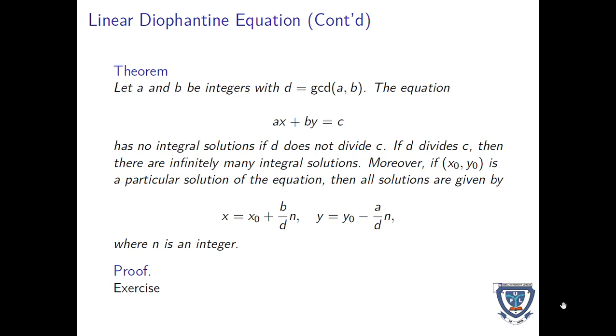Moreover, if x0, y0 is a particular solution of the equation, then all solutions are given by x equal to x0 plus b over d times n and y equal to y0 minus a over d times n, where n is an integer. The proof of this theorem is left as an easy exercise.